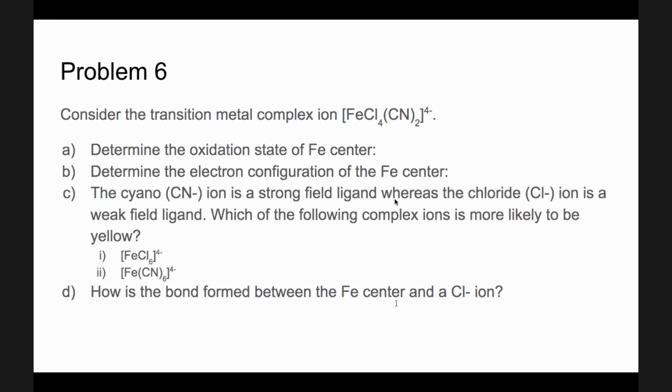Are there any questions on this problem? McKenna? Okay, on question letter C, we established that yellow is low energy light, so it must be absorbing high energy light, and purple is the complement to yellow.